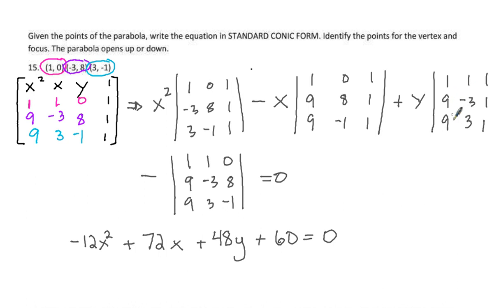This is a positive 48 here. Now I'm noticing, hopefully you are too, that each of these terms is a multiple of 12. So to simplify before I do anything else, I'm going to divide everything by -12. It gives me a positive x squared, a minus 6x, a minus 4y, and a minus 5 equals 0.